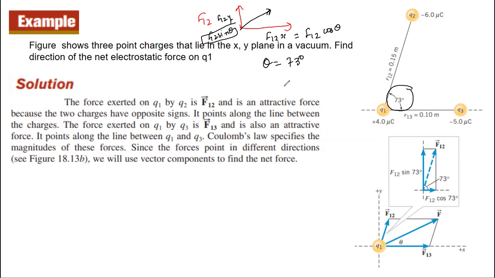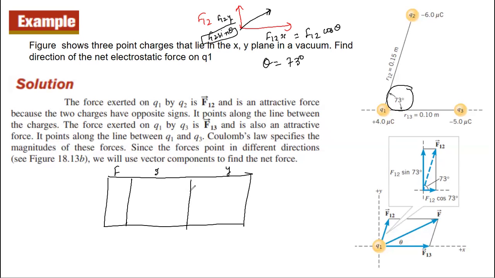I like to set up over here a nice table so that you can understand what's going on. So first, let's write obviously force over here, and then let's talk about the x component and then the y component, right? So that makes some lines like this. Now what I have over here is I have one force which is F12, and what would be the x component of this force? Yeah, I have this vector over here F12, which you see.